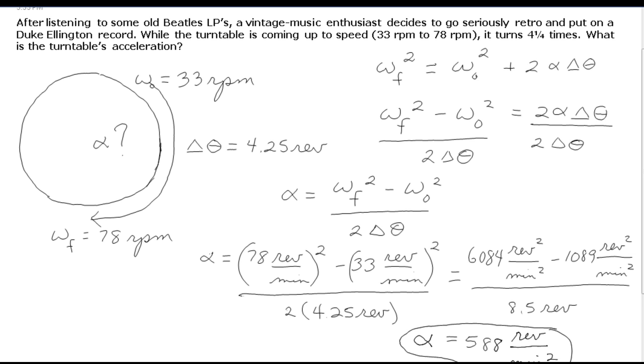However, when all the information in the problem is clockwise, I think there's not any harm in choosing clockwise as the positive direction, which is what I've done here. Similarly, there's no reason we could not have converted everything over to be radians per second, but since all the information was given in revs, I don't really see an advantage in switching over to radians. So this completes our sample solution of the turntable problem. Thank you for joining me for your physics.